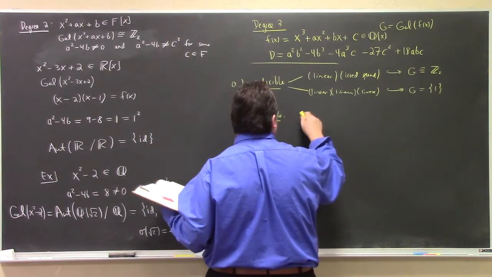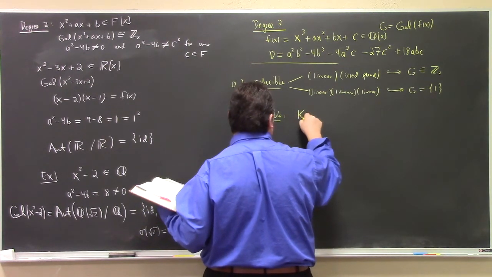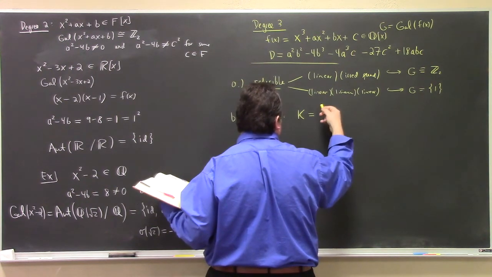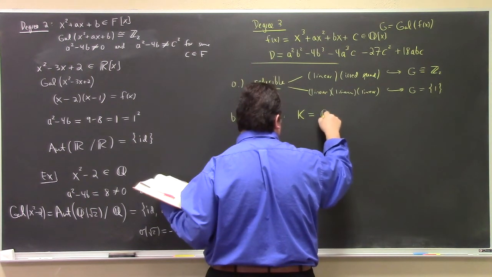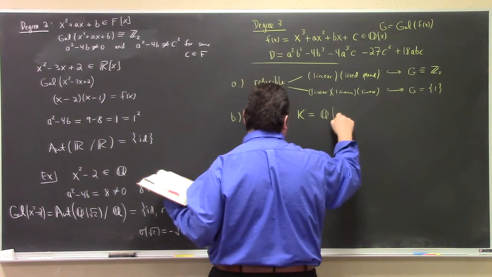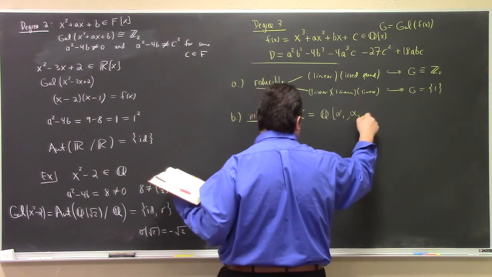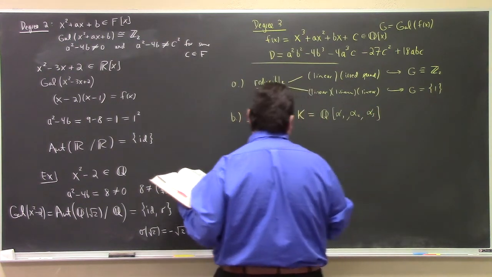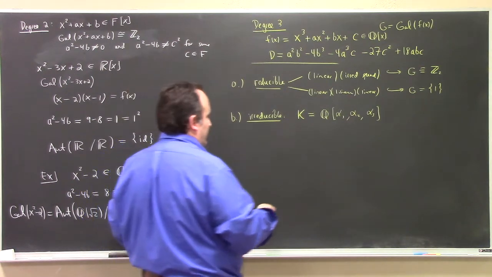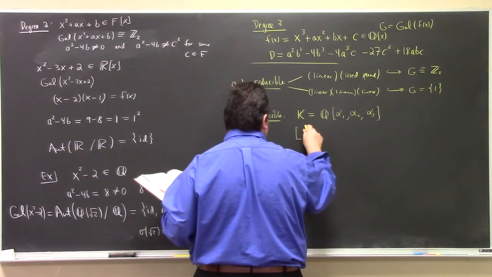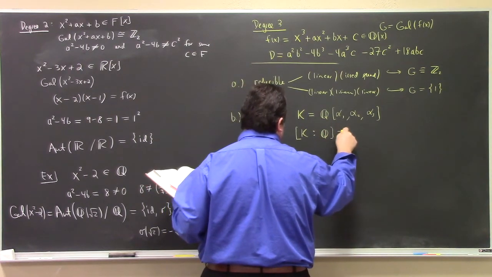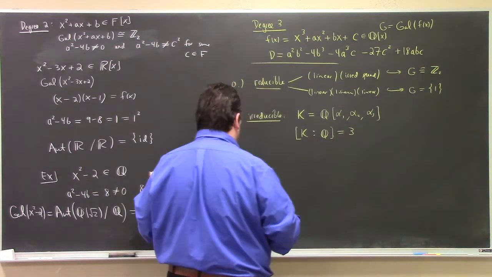So then if K is equal to, let's say, I'm saying Q, but he's got F, but anyway, I'll just say Q, I join the three roots, alpha 1, alpha 2, alpha 3. So the point is that the degree of K over Q is what? It's 3.